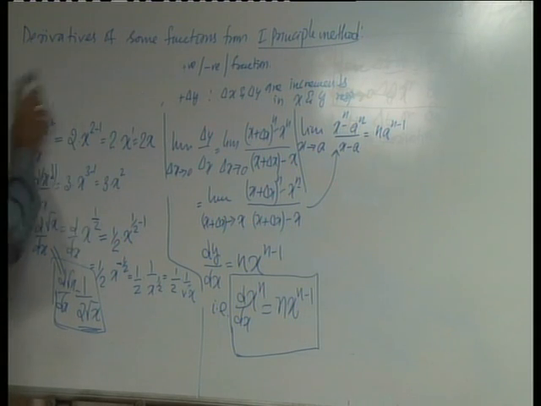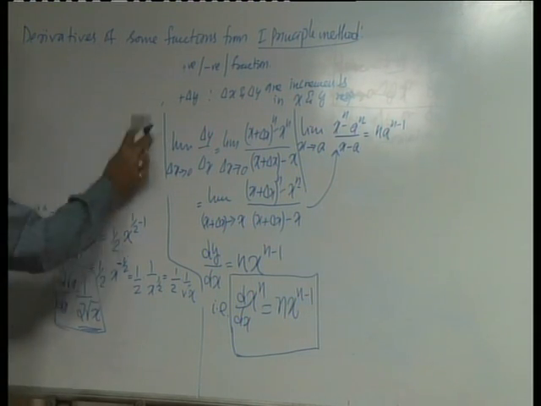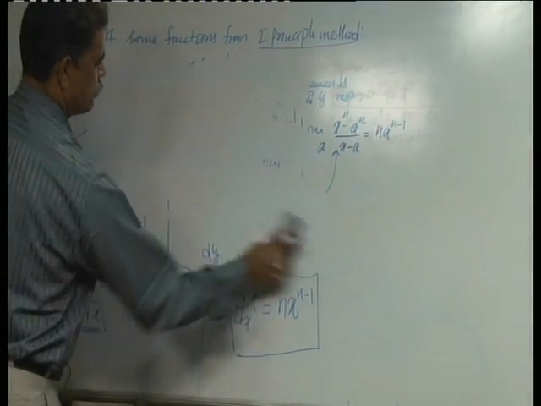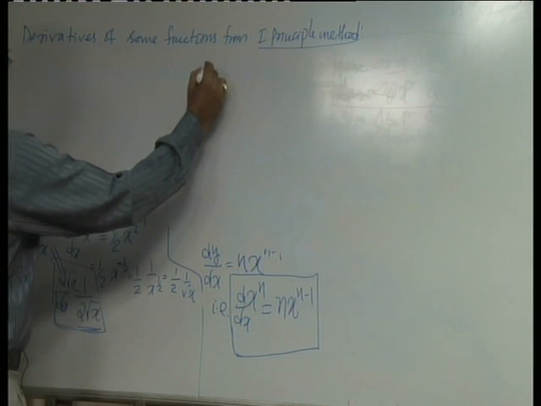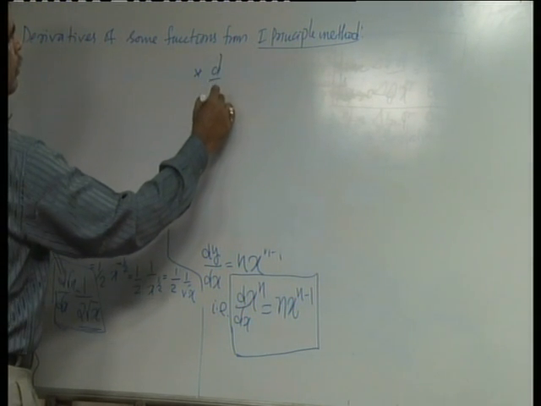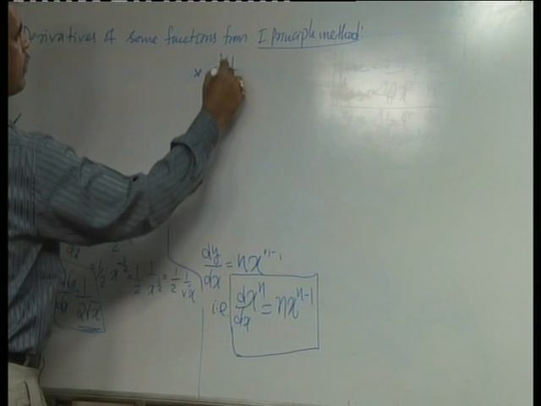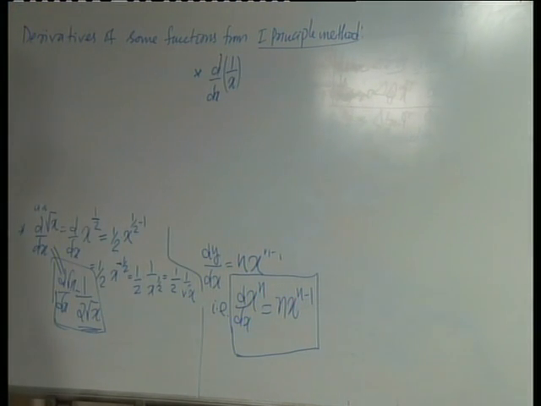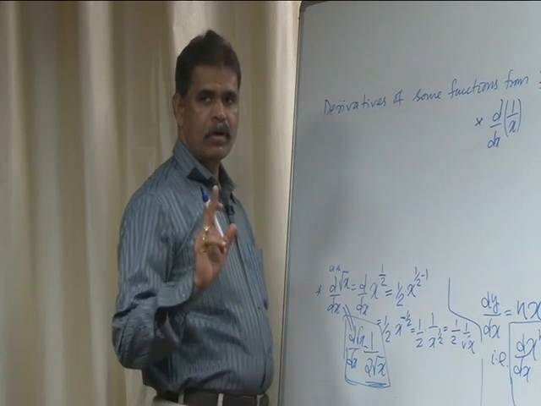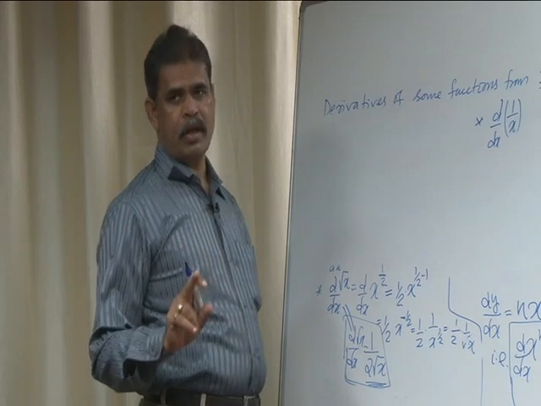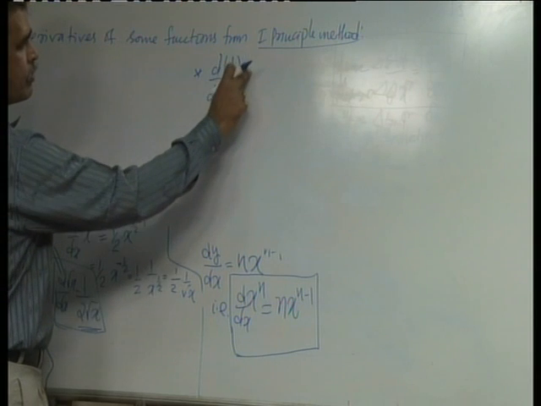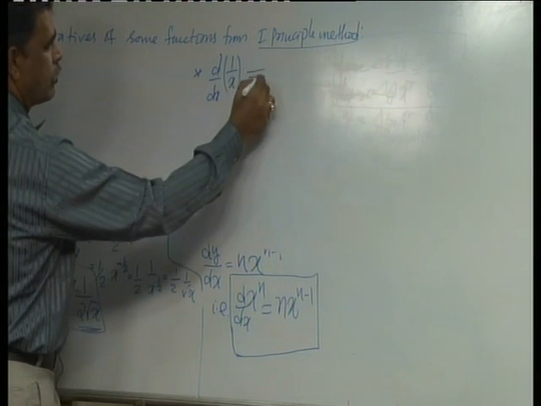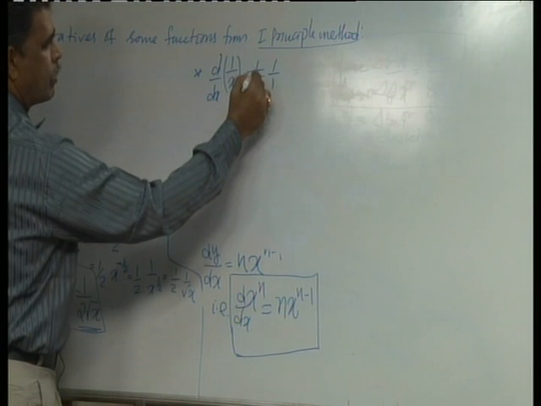You see other examples. d by dx of, suppose it is like this, 1 by x. If the x term is in the denominator, we should not write its derivative directly. Differentiation of x is 1, but we should not write the differentiation of this as equal to 1 by 1. That is wrong. This is not equal to 1 by 1. Then what do we have to do?